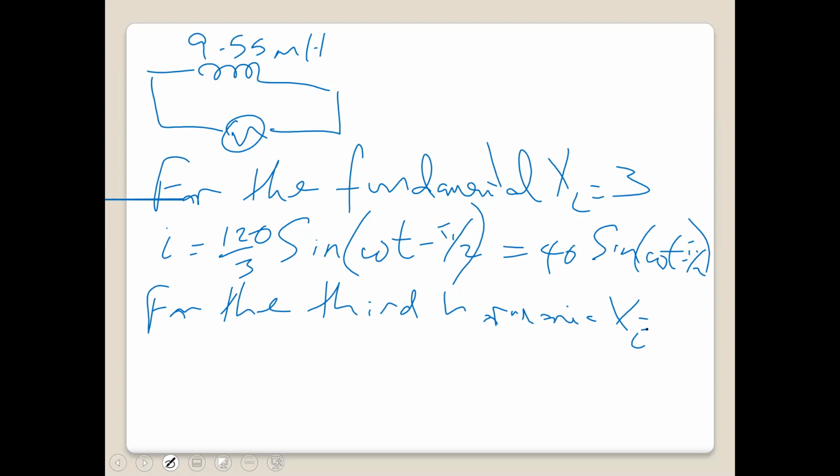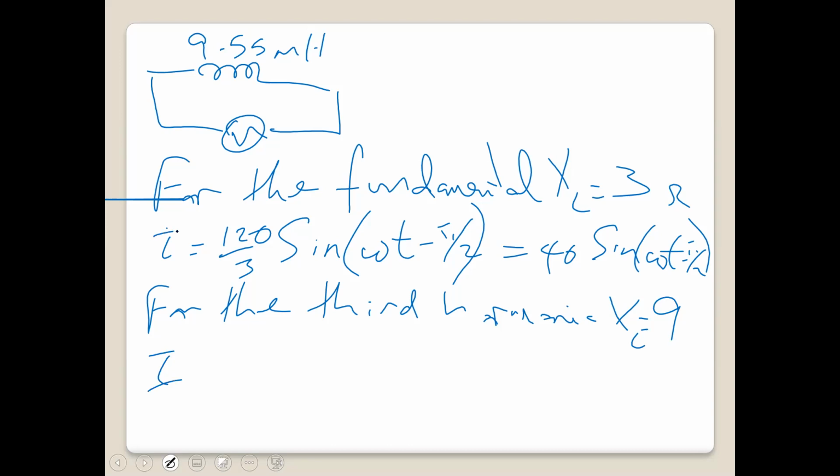So the third harmonic means that the frequency is 3 times as great. So what would be the frequency that we're dealing with here? 150. So calculate 2 pi f for me and you get what? 9. So what would be the current component at this point?